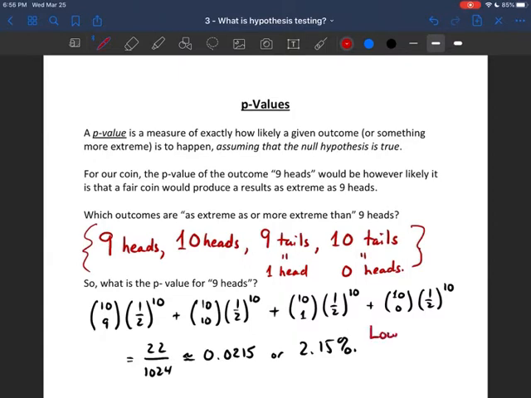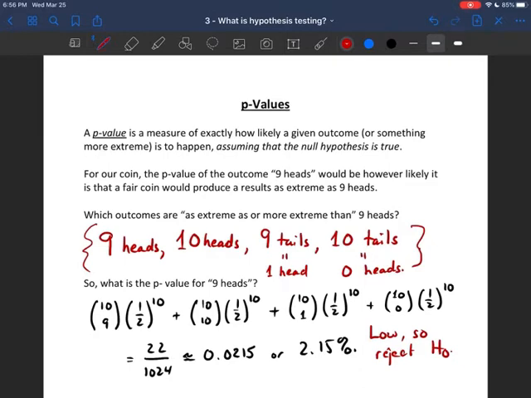Yes, I think so. Since this is low, reject H0. So if I had flipped my coin 10 times and 9, 10, 1 or 0 of them came out to be a head, then I would reject the assumption that the coin was unbiased.